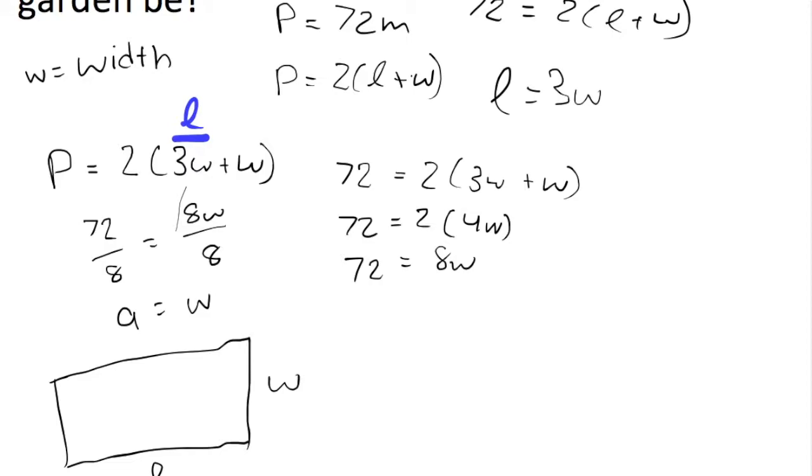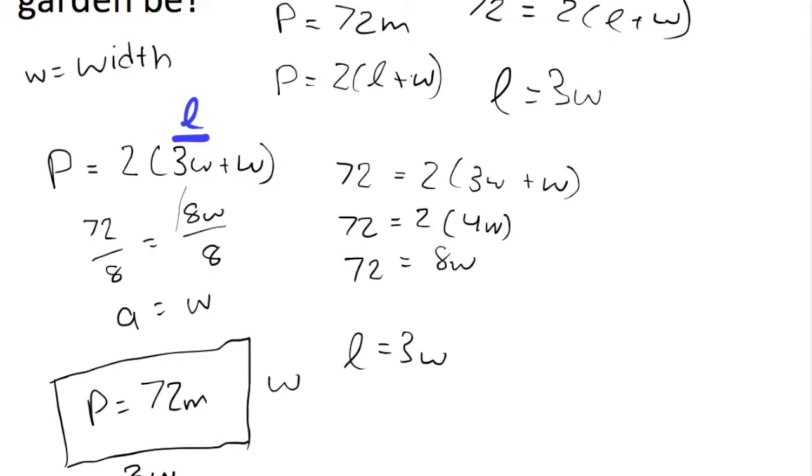Now in this case it says the perimeter, so I'm going to write the perimeter inside. Perimeter is equal to 72 meters, right? And it says that L is equal to 3W, right? So instead of writing L over here, we can just write 3W.